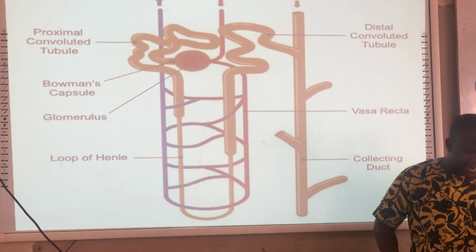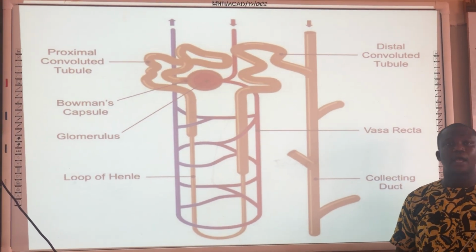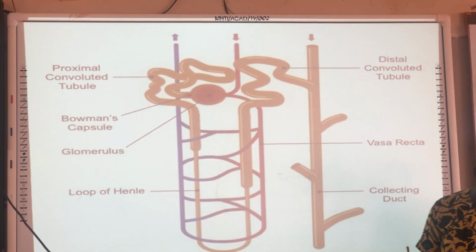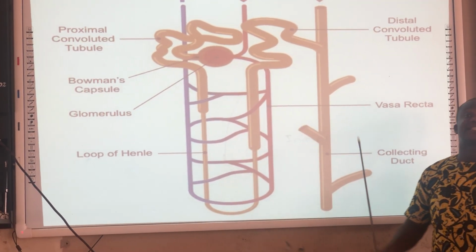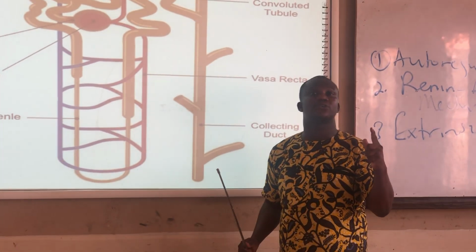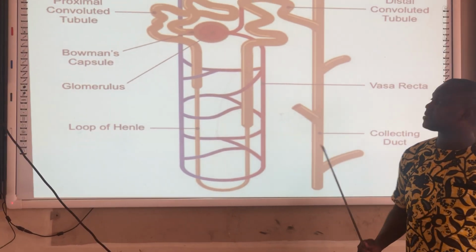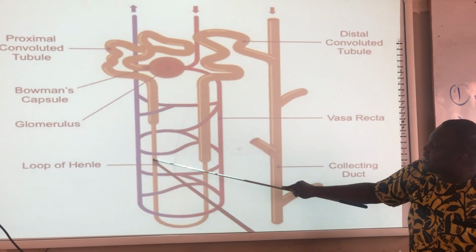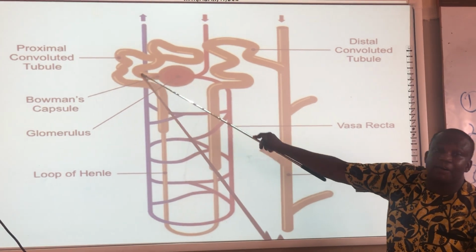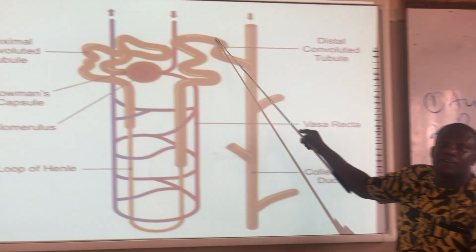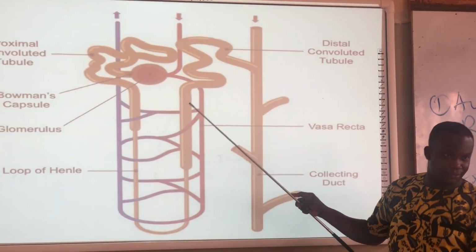But remember that for passive transport to be effective, it is determined by the permeability of the tubular segments to the substance. As the substances move through the proximal convoluted tubule, the loop of Henle or the distal convoluted tubule, they should be permeable.